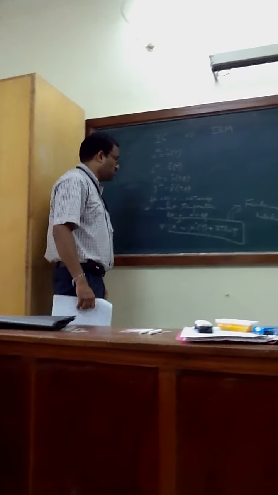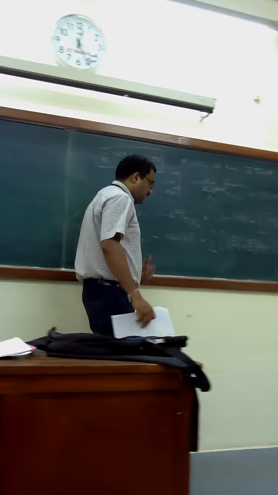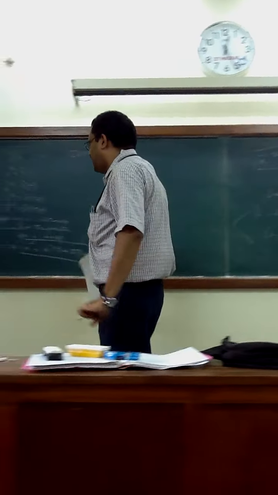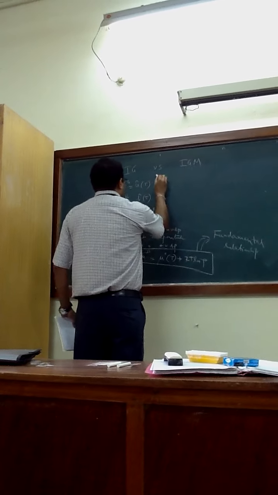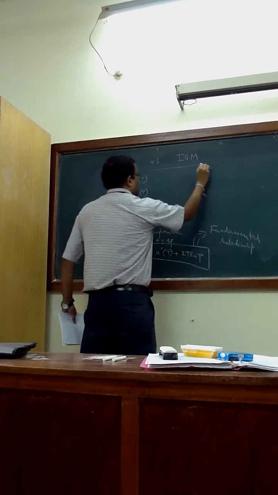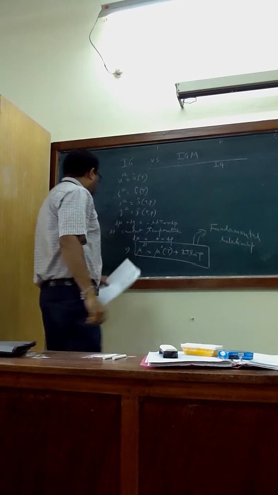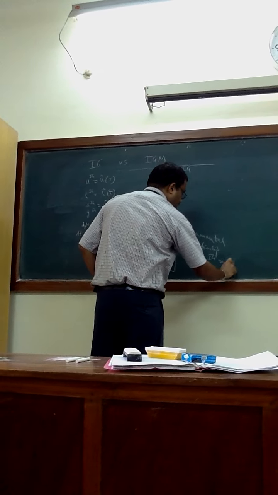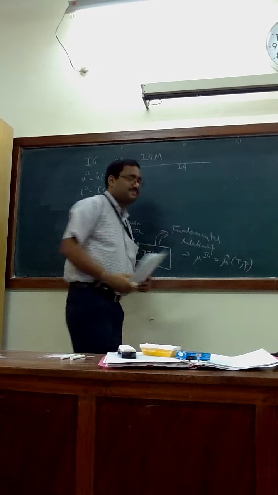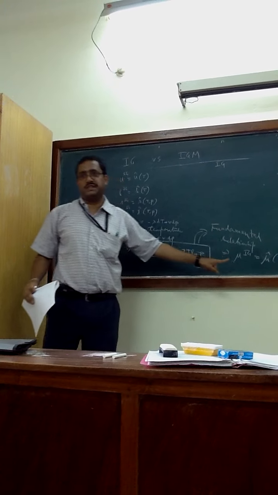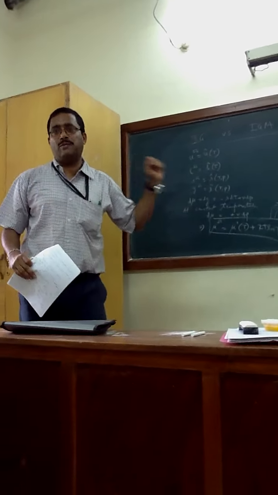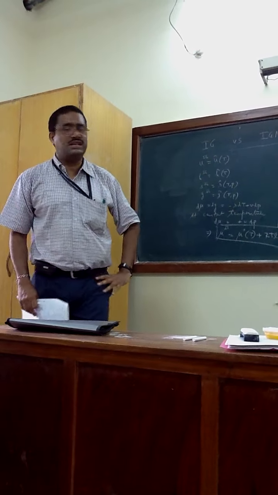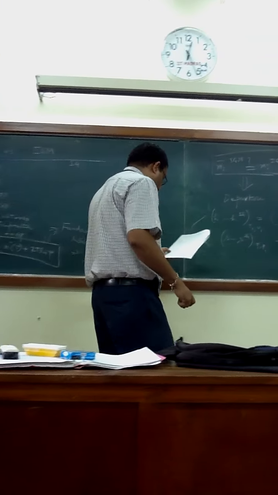This kind of expression can be extended for the ideal gas mixture as well, but I am not starting the ideal gas mixture part yet. So this suggests that μ ig is nothing but a function of temperature and pressure. What we have done earlier is also suggesting that. The fundamental relationship should be based on what we have actually obtained earlier. So μ ig is nothing but a function of T and P.